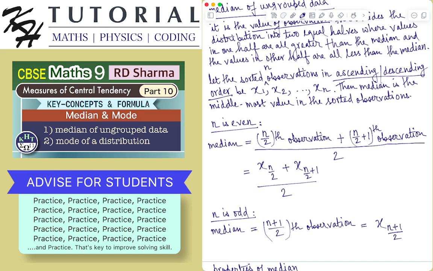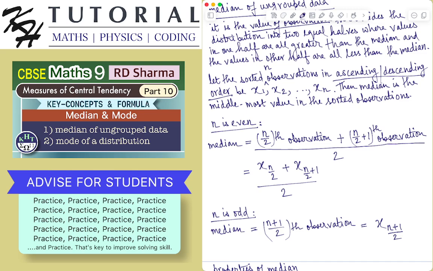That is, it will be x n plus 1 by 2. Remember that we are considering that the given distribution is already sorted, and the sorted observations are x1, x2, up to xn. This sorting could be either in ascending or descending order, it will not matter.